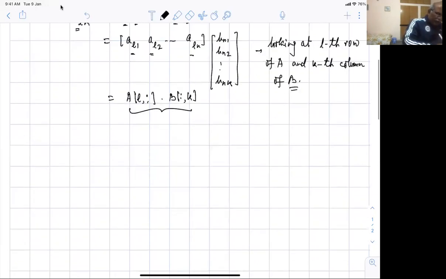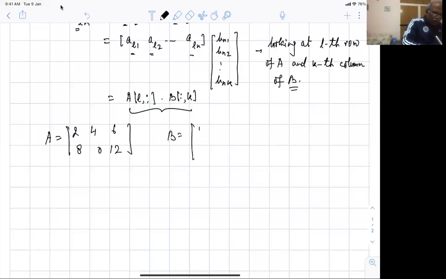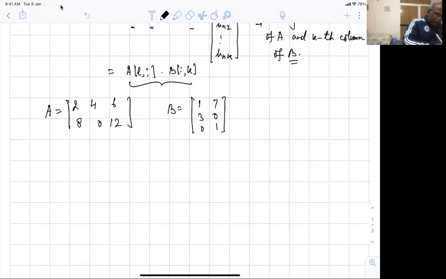Example. So I take A as 2 4 6 and 8 0 12, and B as 1 3 0 and 7 0 1. I've taken these numbers on purpose so that you can understand what exactly is going on. So let's compute the first entry of AB.